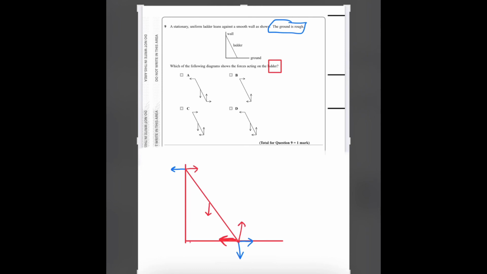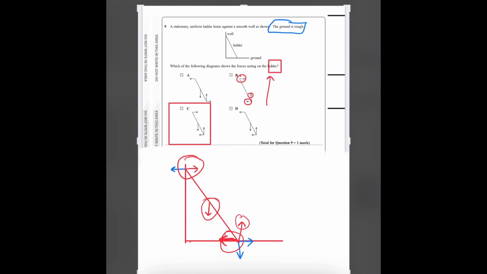So the forces on the ladder are this one, this one, this one, and this one. This is similar to option C, so this is correct. Another way we can find out that every other answer is incorrect is that here the horizontal components cancel out, but the vertical component does not cancel out. There is a resultant force upwards.